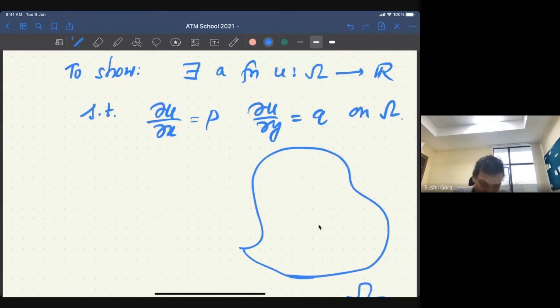So what do you do? You fix a point here, let's say x0, y0. Here comes the use of connectedness, or the component of omega.